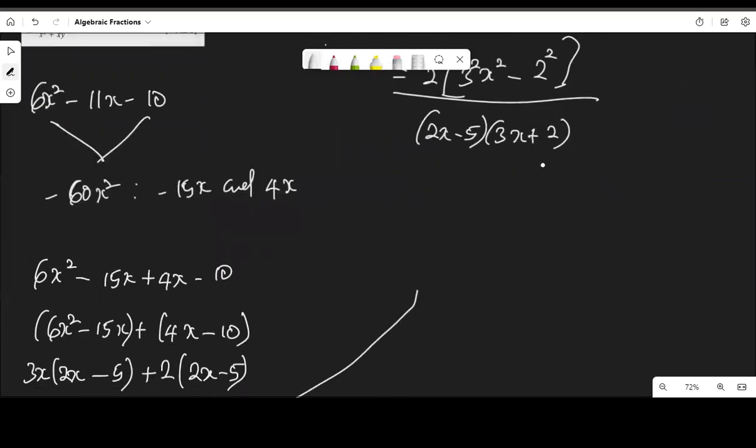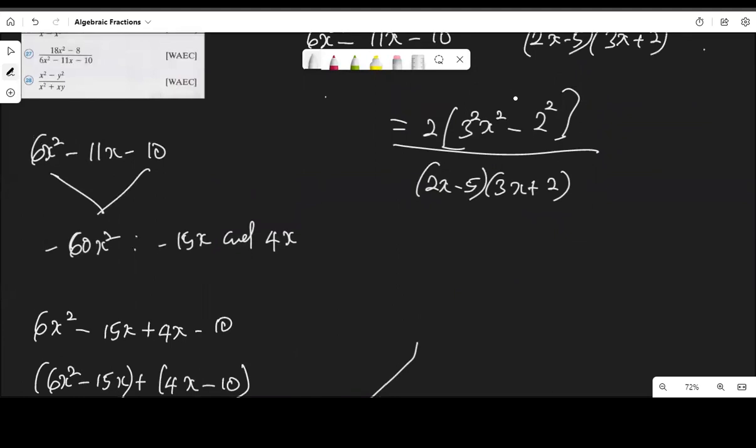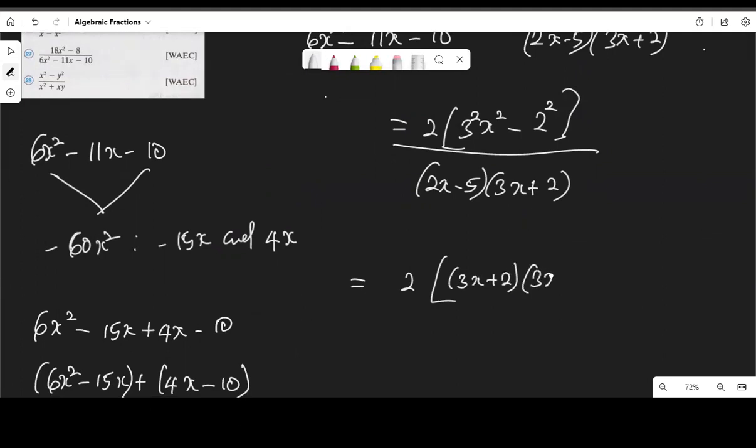So that I can apply difference of two squares in this numerator. If I do that, I'll have 2 multiplied by 3s plus 2 times 3s minus 2, all over 2s minus 5 and 3s plus 2.